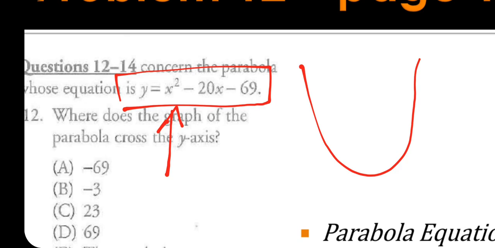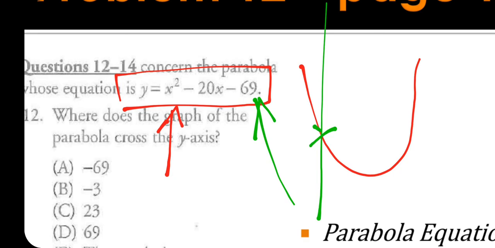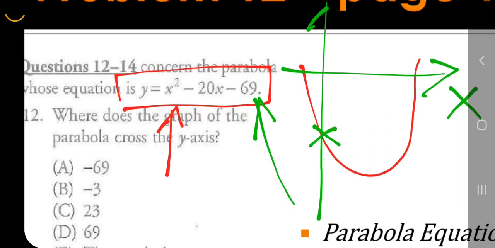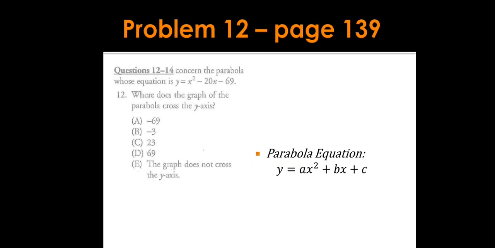We also know that negative 69, the constant here, represents the point of intersection of the parabola with the y-axis. So this is the x-axis and this is the y-axis, and the point of intersection is negative 69.